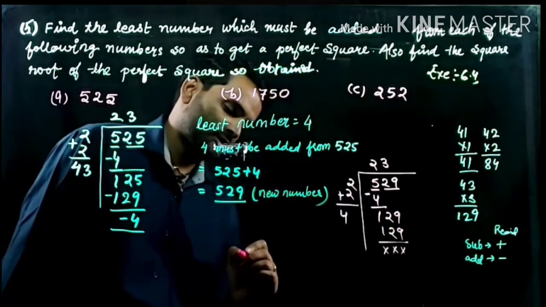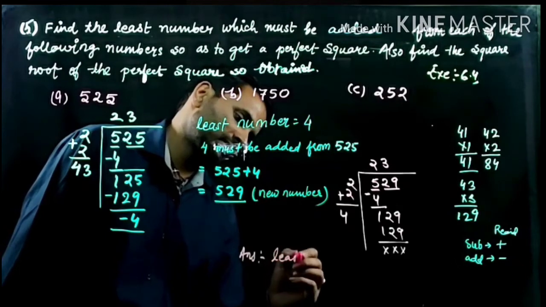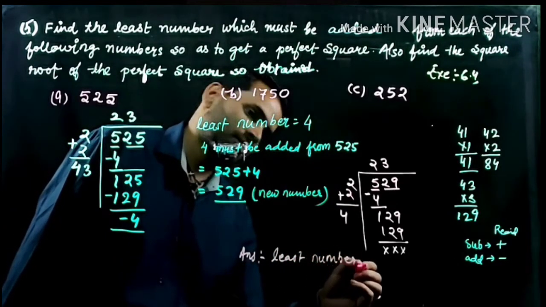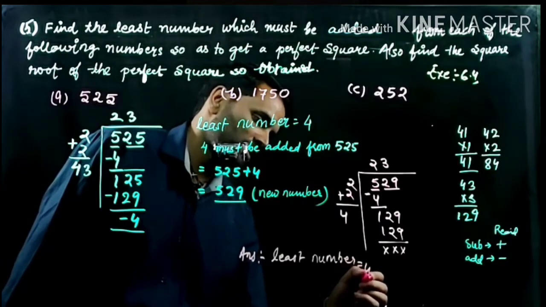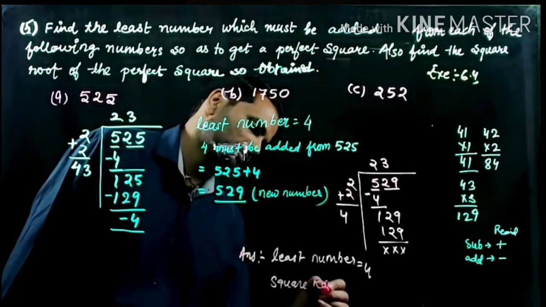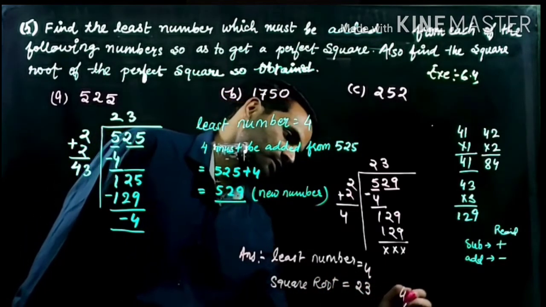It means your answer: the least number is 4 and the square root is 23. So your answer is 4 and 23.